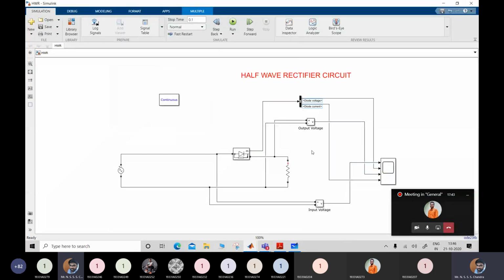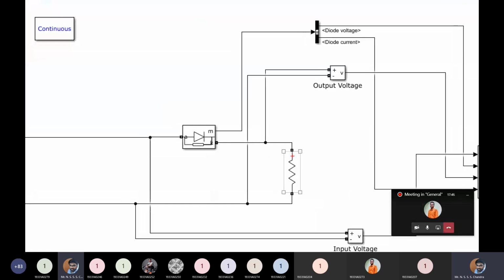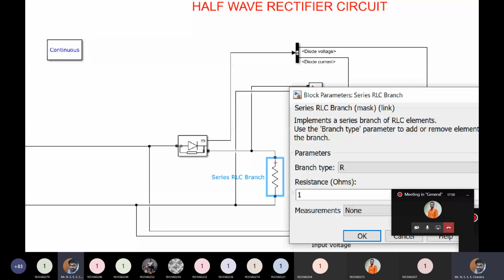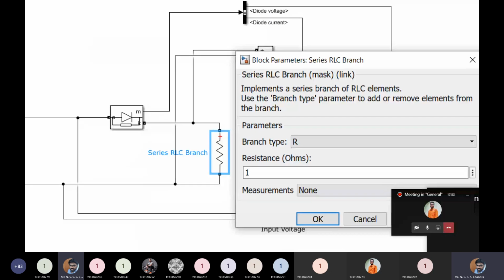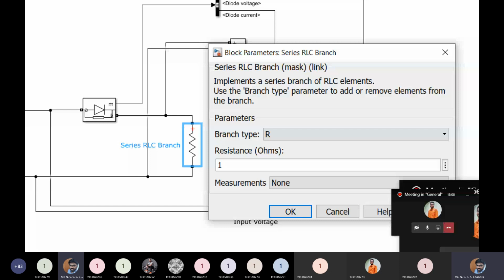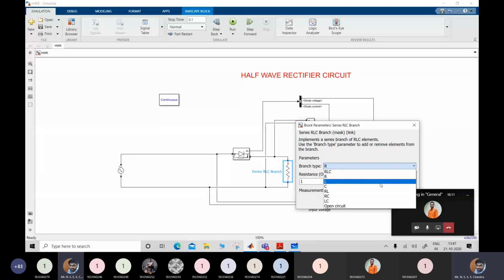And then here I have a load resistor. Let me check the value of the load resistor. Instead of a simple resistor, I use a series RLC branch, because to ensure that all the elements belong to the same toolbox, I use the SimPowerSystems toolbox, in which I take a series RLC branch, and in the branch I have selected R. You can also have RL, pure inductor, pure capacitor, RC, open circuit, and all such options are available.